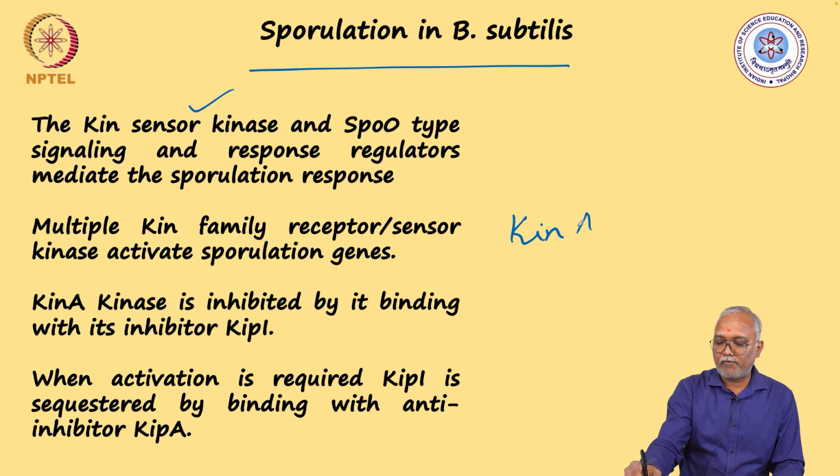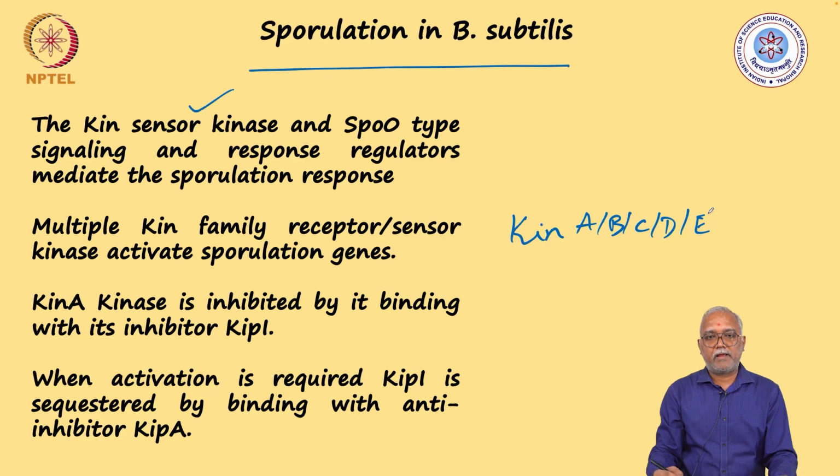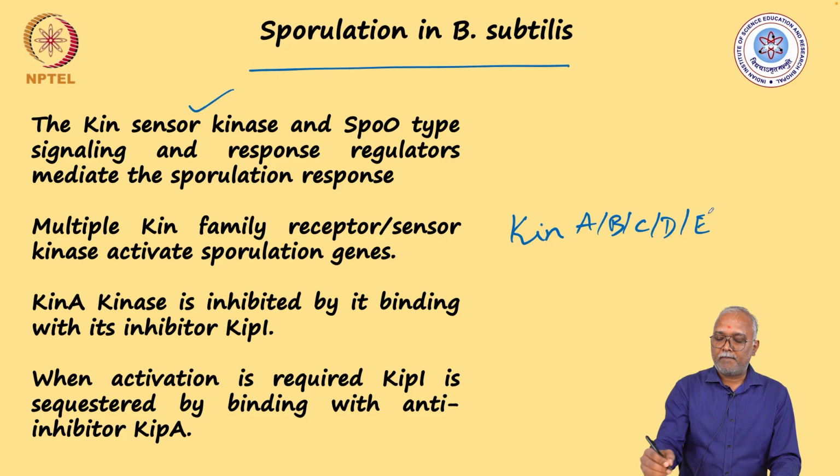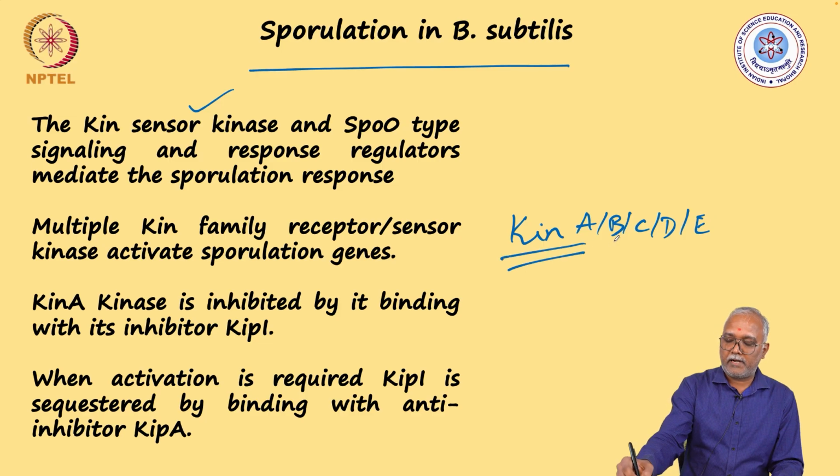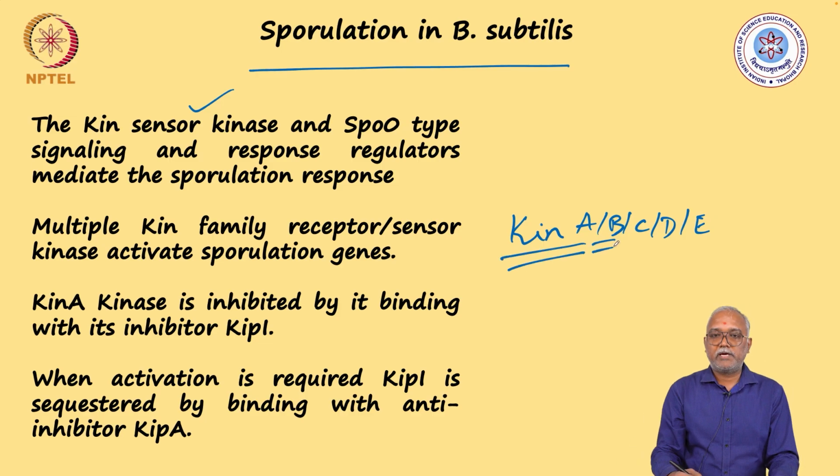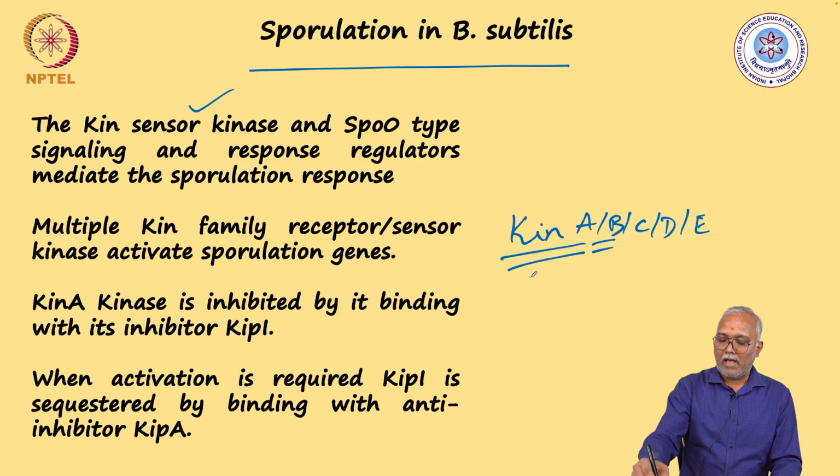There are 4 or 5 of them, A, B, C, D and E. Multiple of them are there, they interregulate the process of signaling, but we will discuss more about KinA and KinB today. These kinases are present at the cell surface and they respond to the cues which will activate the pathway to sporulation.